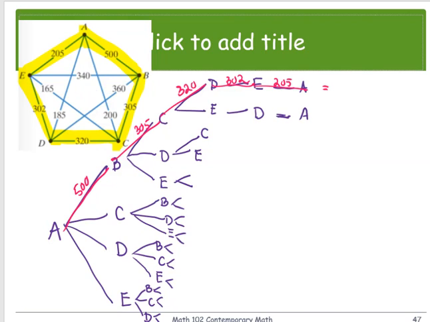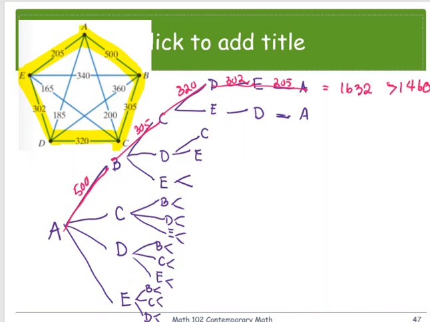So for this path, 500 plus 305 plus 320 plus 302 plus, no, that's 200. Sorry, that's 205. So for this route, you have to pay 1632, which is greater than 1460. So that means this route is not the choice.